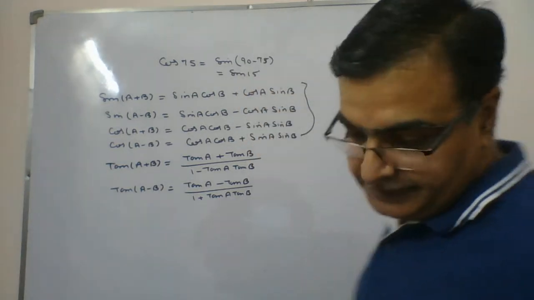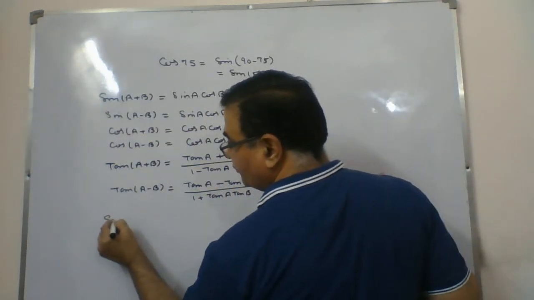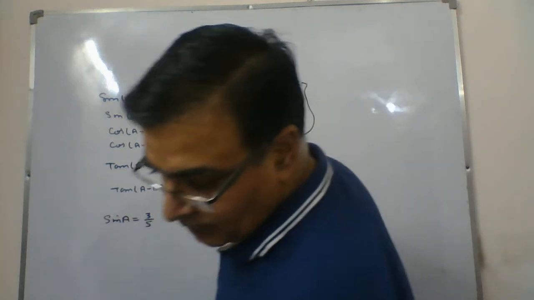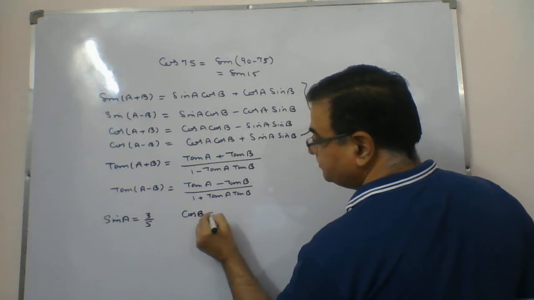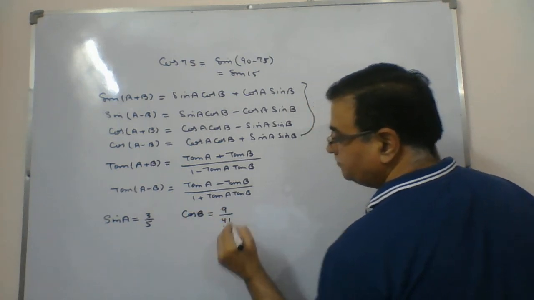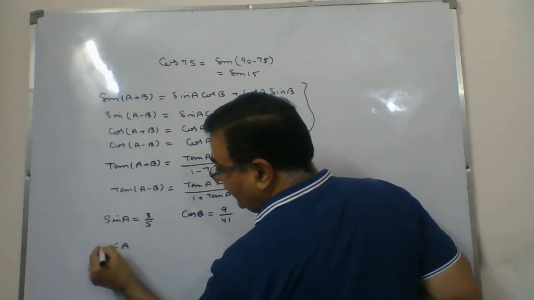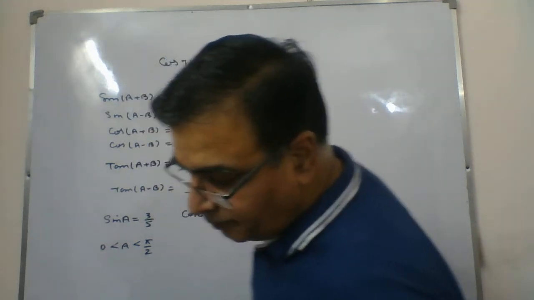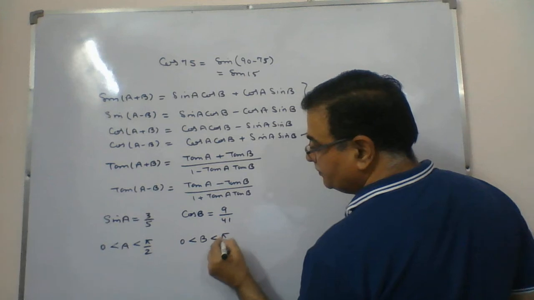Next question is, if sine A is given 3 by 5, cos B is 9 by 41, A is given between 0 and pi by 2, and B is also between 0 and pi by 2.